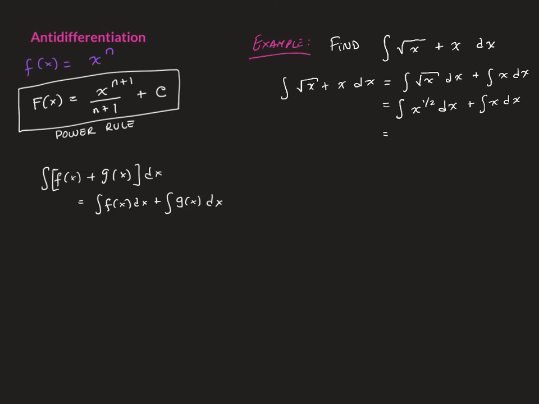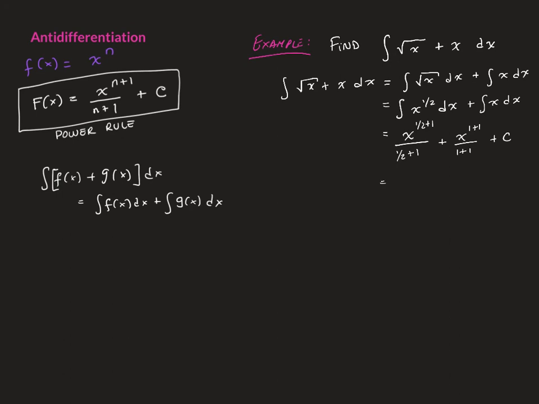And now I'm going to use the power rule to calculate each of these antiderivatives. So the antiderivative of x to the power of 1/2 is going to be x to the power of 1/2 plus 1 divided by 1/2 plus 1, plus the antiderivative of x to the power 1, which is x to the power of 1 plus 1 divided by 1 plus 1, and everything plus c.